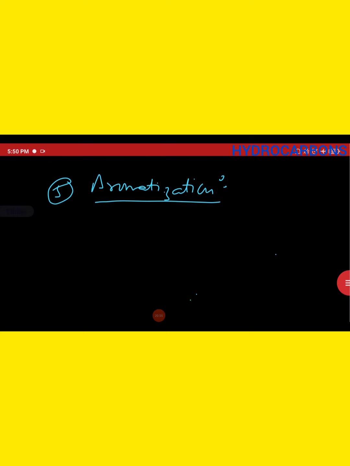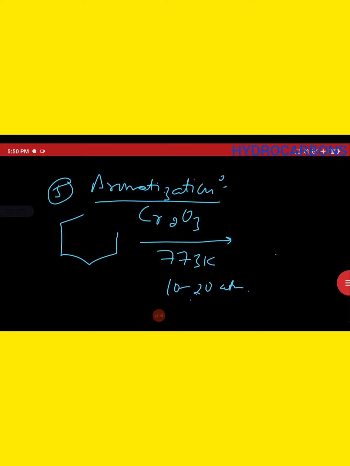Next is aromatization. Alkanes having 6 or more carbon atoms, like here I am taking n-hexane, when these are heated at high temperature and 10 to 20 atmospheric pressure, with catalysts like chromium oxide or vanadium pentoxide or molybdenum oxide, then the aromatic hydrocarbon benzene is formed.